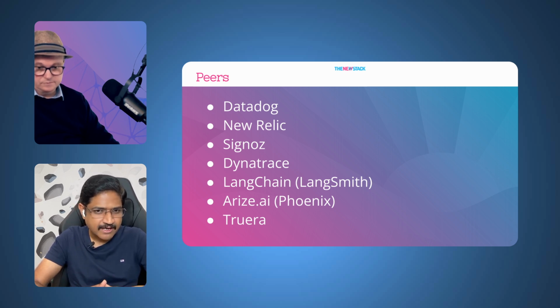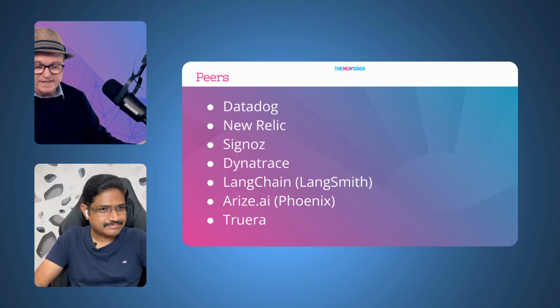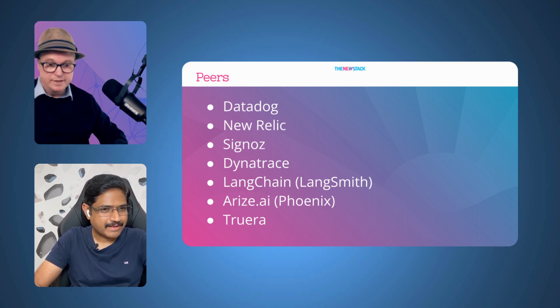The next one is the new breed of companies which are built exclusively for LLM observability. Just to back up a little bit, the first category is the companies who've been around a while: Datadog, New Relic, and Dynatrace, the three you have listed here, which have provided those traditional metrics you discussed earlier, MELT.